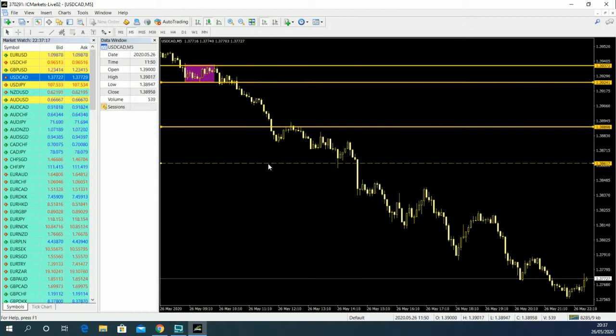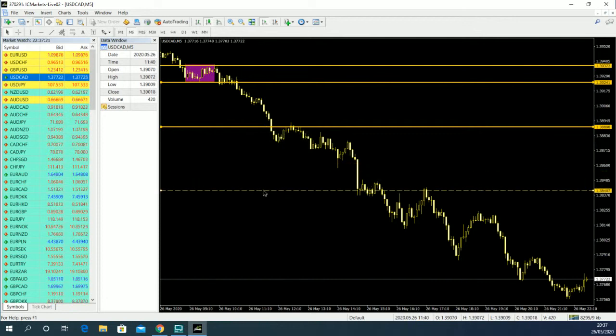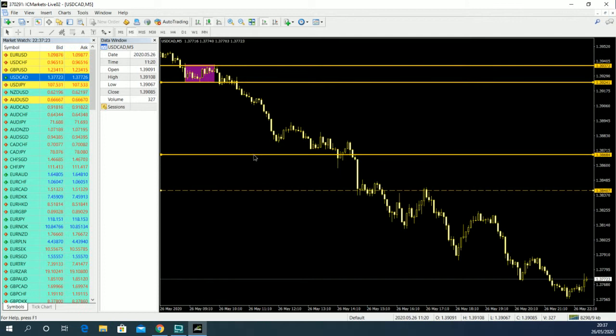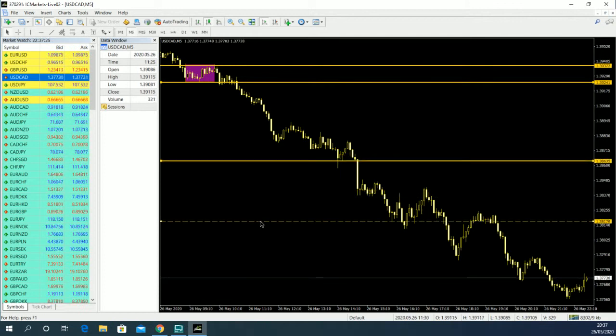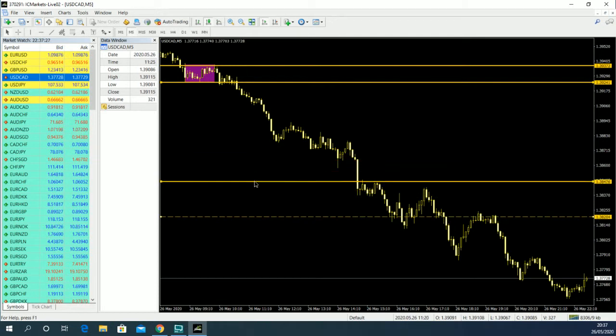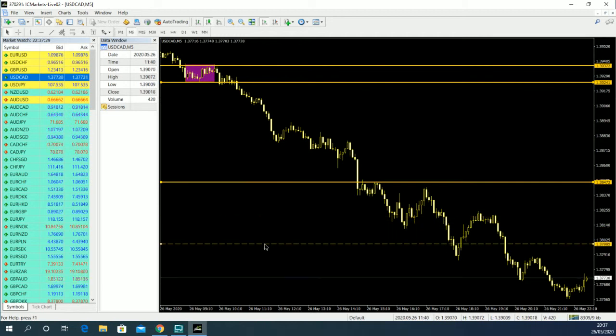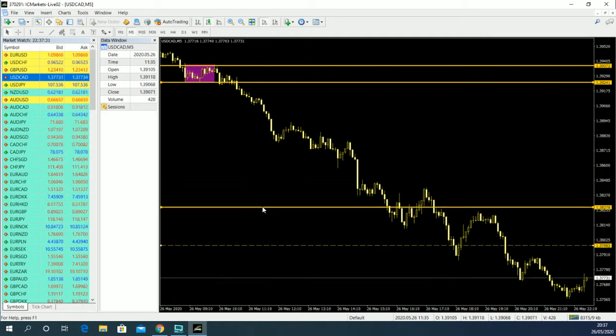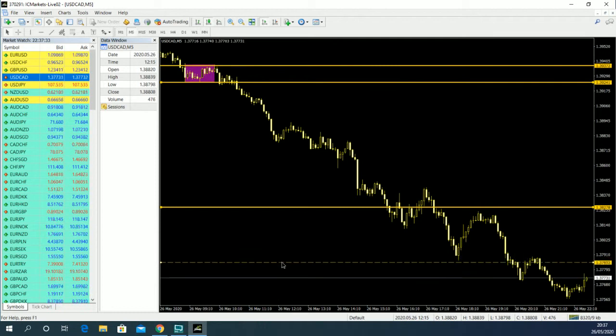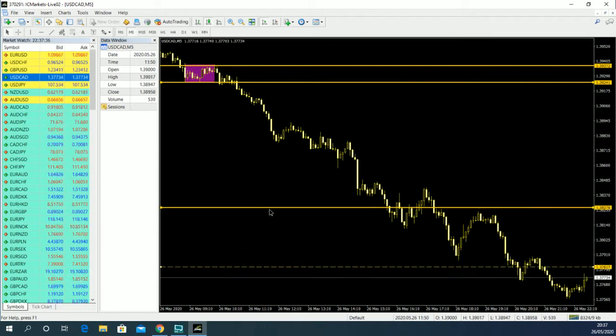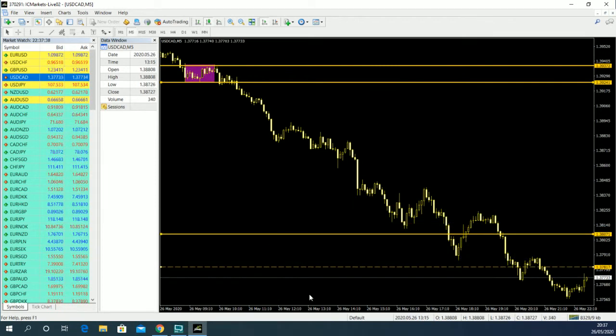Okay, you get to TP4, you move it to TP3. You go to TP5, you move to TP4. You go to TP6, you move to TP5. It goes to TP7, you move it to TP6. It goes to TP8, you move it to TP7, and so on and so forth.